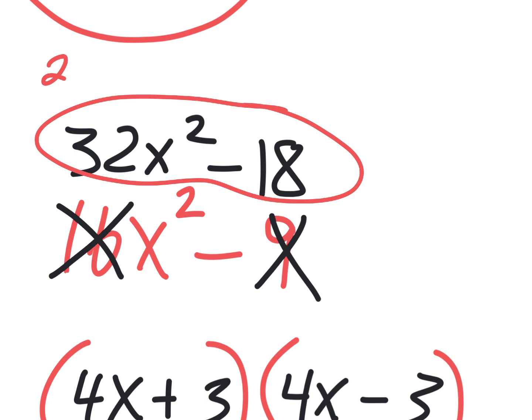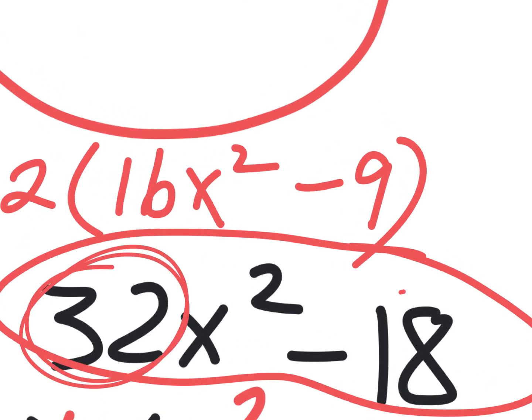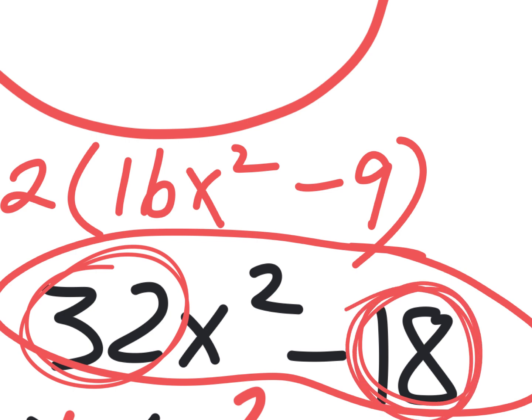You could take it out and you'd have the same thing we had 2 seconds ago. See how I did that? This was really big and this is really big. Whenever that happens, you got to go, okay, there must be a 2 in it or a 3 in it or a 5 in it or something like that. And I take the 2 out and then I'm left with something where these numbers aren't so bad. That one's going to be 3 and 3. This one's going to be 4x and 4x.